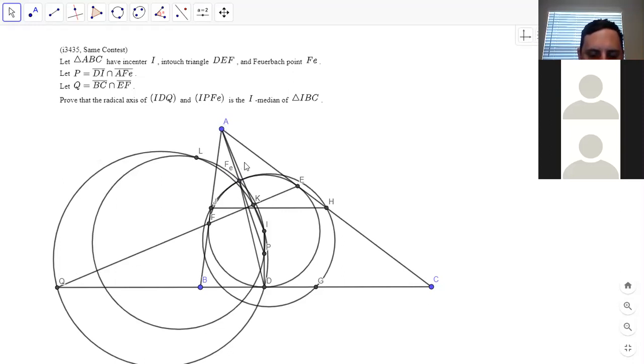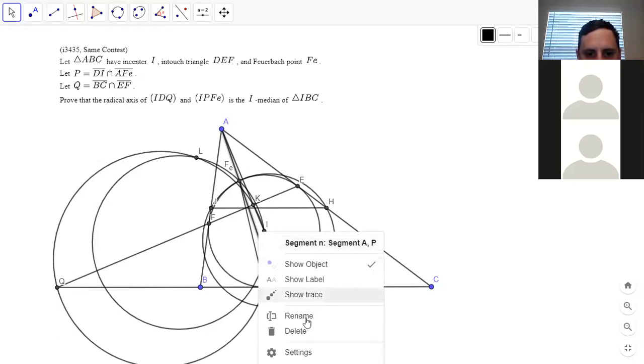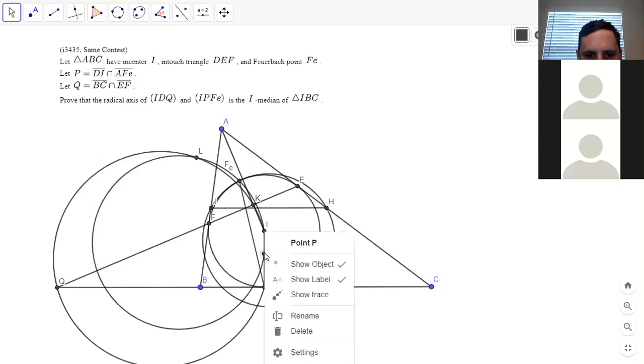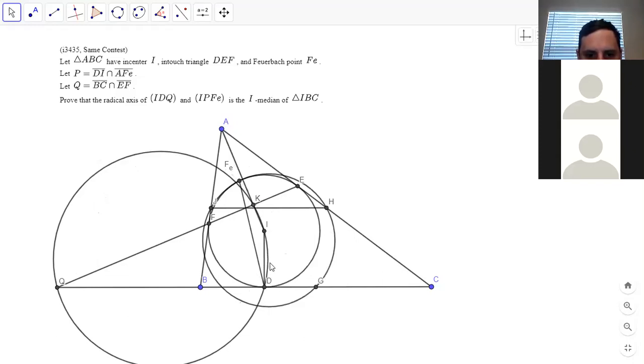Otherwise, it's better, I guess. Oh, do you think it looks better when P is off the segment ID? Yeah. Okay. So let me see if this makes the circle go away. Yeah, let me make this the line ID.